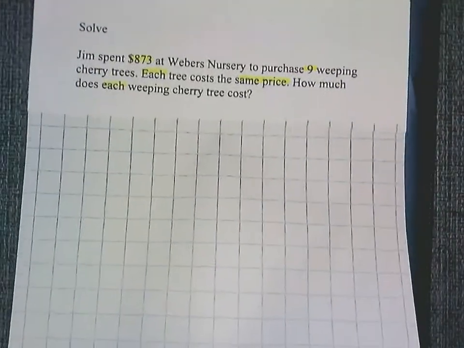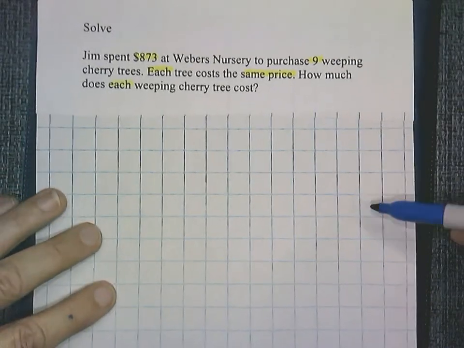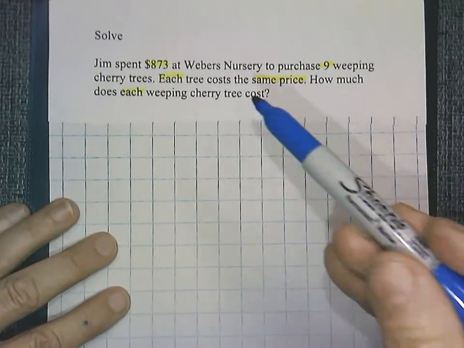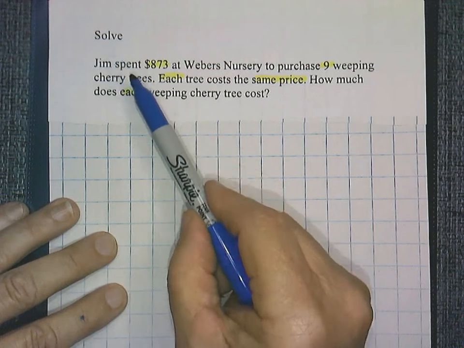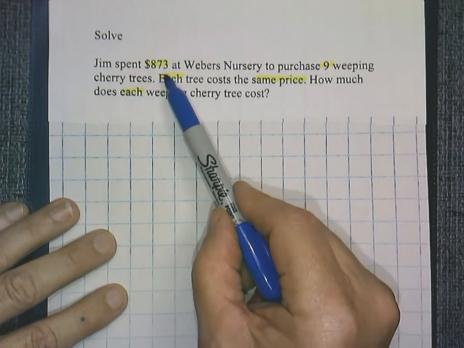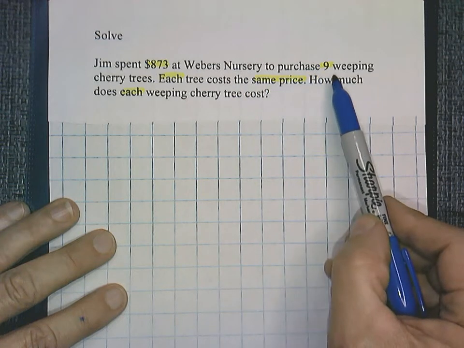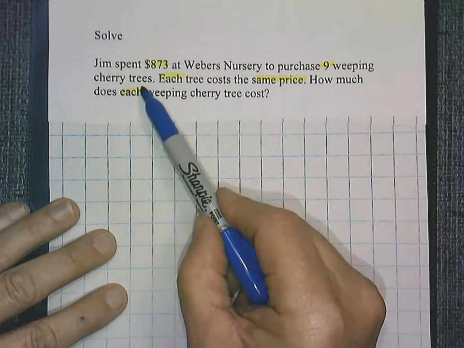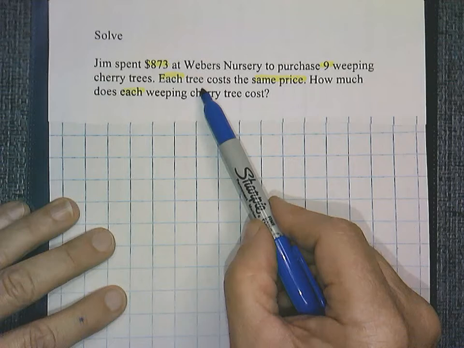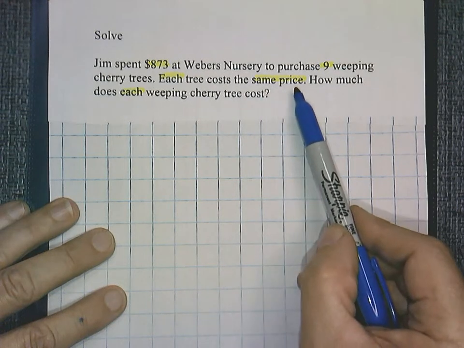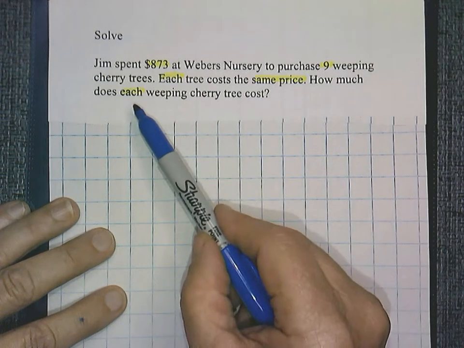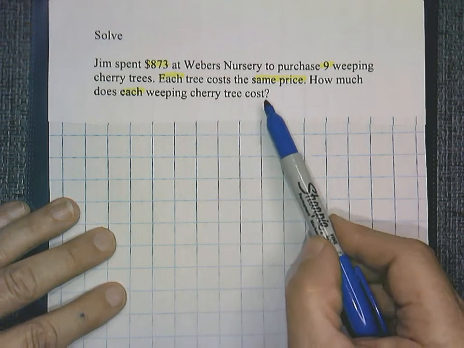Try one more. Let's try a word problem. Solve. Jim spent $873 at Weber's Nursery to purchase 9 weeping cherry trees. Each tree cost the same price. How much does each weeping cherry tree cost?